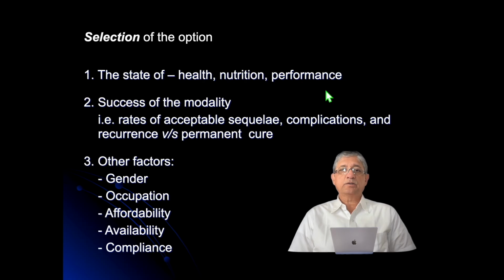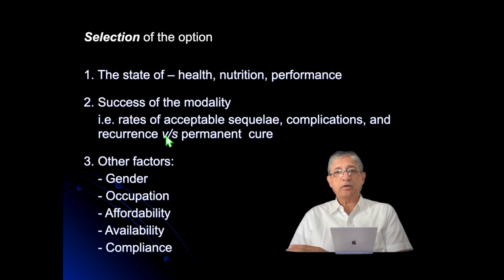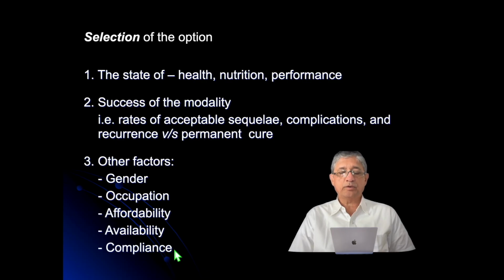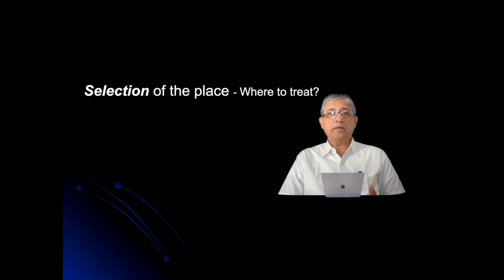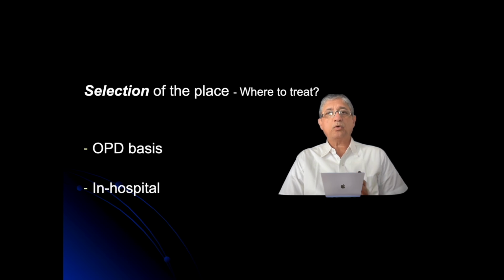Look at the success rates, that is, the rates of sequelae, complications, and recurrence versus permanent cure. And other factors to consider in selection include gender, occupation, affordability, availability, and compliance, and then decide whether the selected treatment can be imparted on outpatient basis or else requires hospitalization.